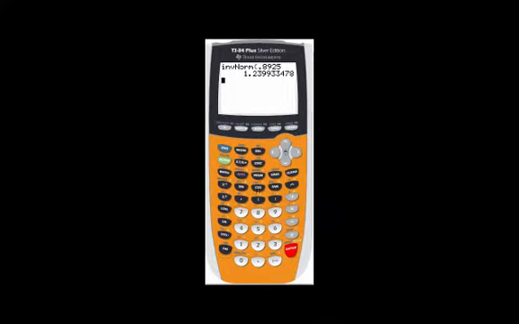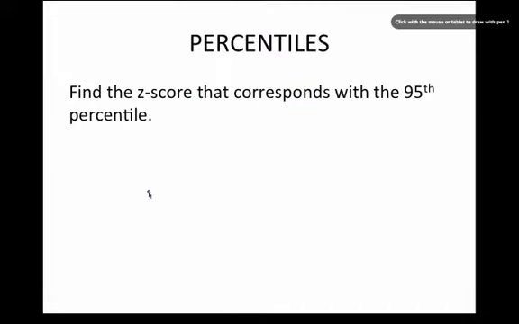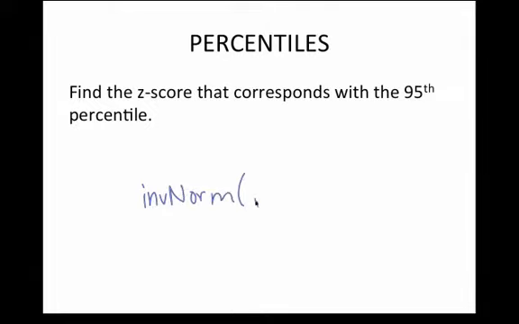So go to your calculator, second distribution, number 3, inverse norm, 0.95, close parentheses, enter, and you get 1.65. So I would draw my curve, write inverse norm 0.95, and then put down my answer, which is 1.65.